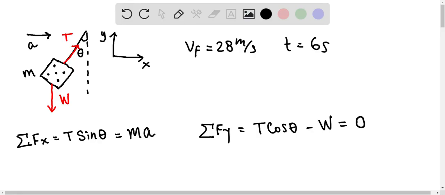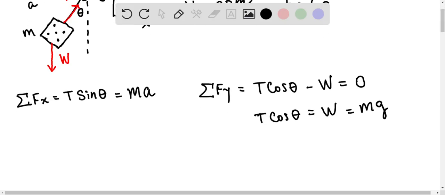Now, from this, we obtain that the tension times the cosine of theta is equal to the weight. We know that the weight is equal to the mass times the acceleration due to gravity. With these two equations, which we call 1 and 2, we are going to determine the angle theta.